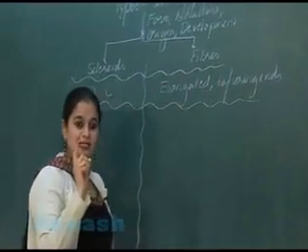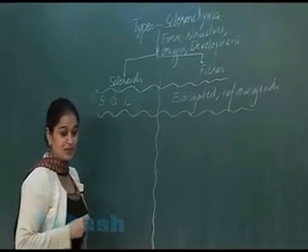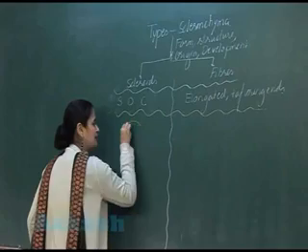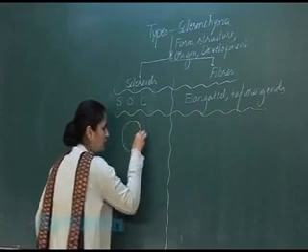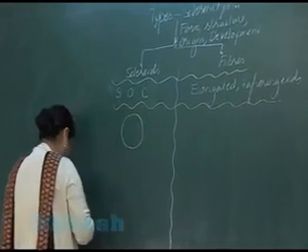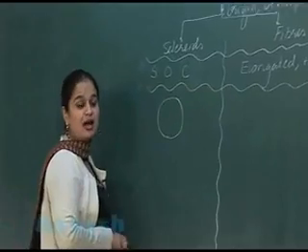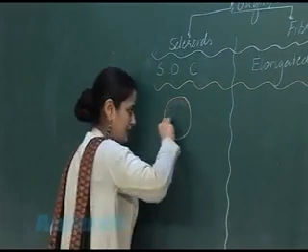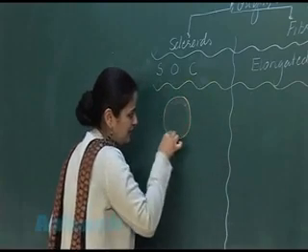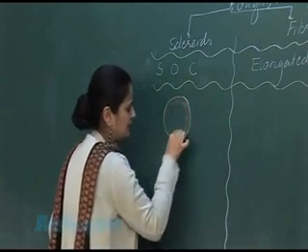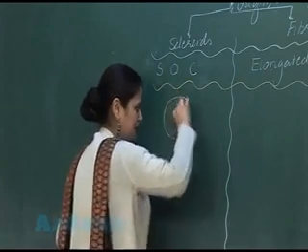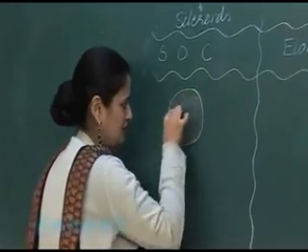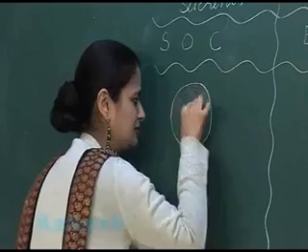I am making a diagram of one sclereid over here to explain a few features of it. So this is a sclereid, almost spherical in shape. It possesses a highly thickened wall. The red color which I am representing here is the thickening.